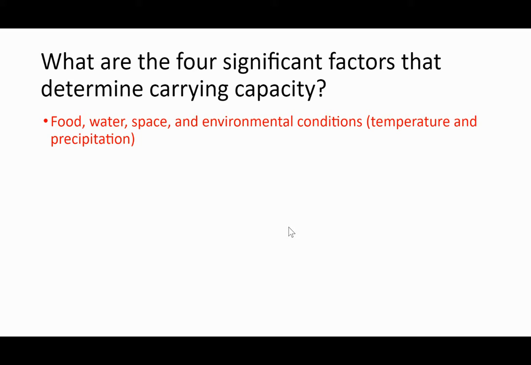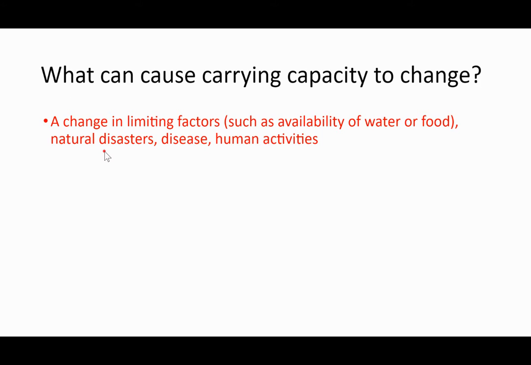And then the same thing for precipitation. But these are mostly your abiotic factors that can limit or determine your carrying capacity. So food, water, space, and abiotic factors or environmental conditions such as temperature and amount of rain, right? Precipitation, amount of rain.